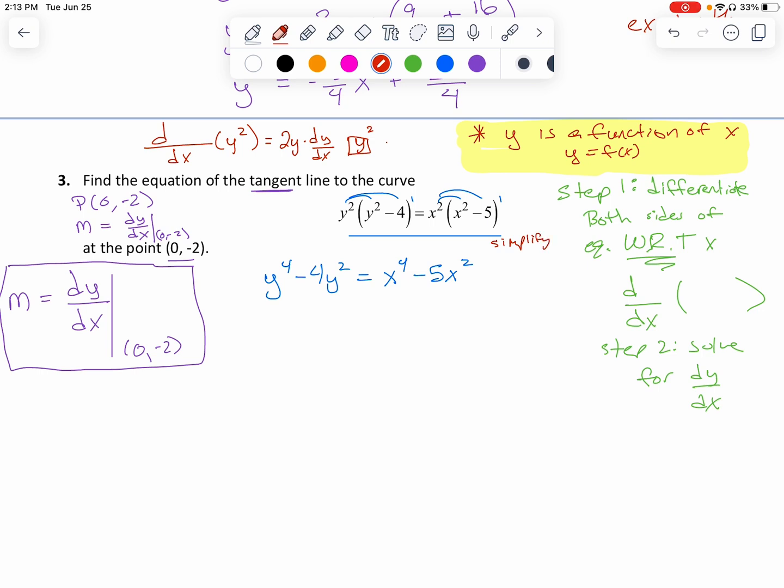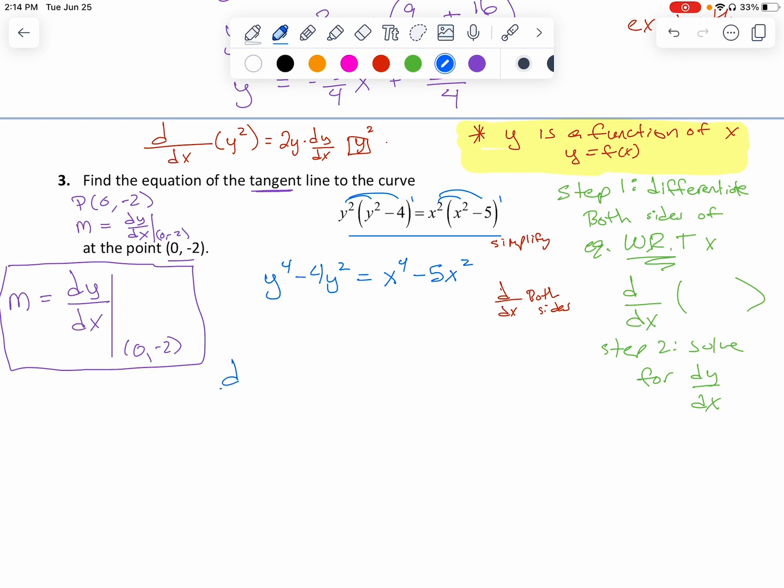Okay, the next thing I want to do is take d/dx of both sides. This is where I'm going to write out exactly what I'm going to do.